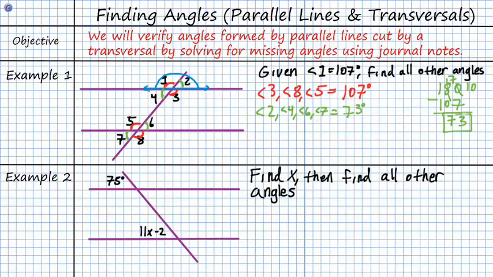Alright, so now let's start incorporating some algebra into this. So this is going to be an algebra problem. We have 75 and we have an 11x minus 2, and I want to find x, and then I want to find all of the missing angles. First off, I want to note the relationship here. These two positions are corresponding positions.